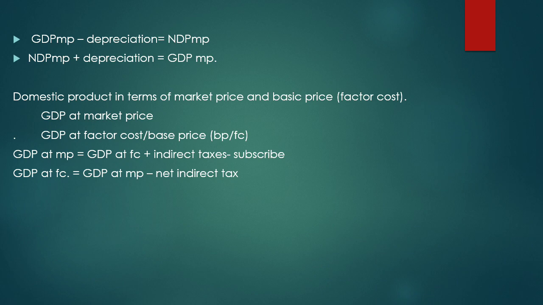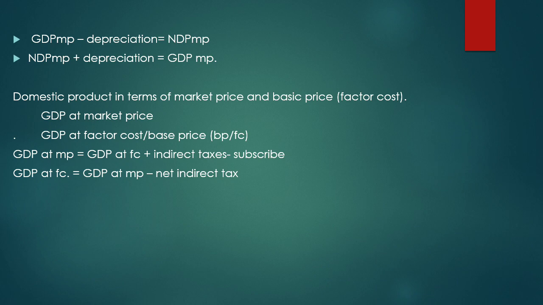I will make a separate lesson in my coming series on market price, factor cost and basic price. So GDP at market price minus depreciation gives us NDP at market price. Remember, there are three letters we have to understand: N, D and P. N shows net, D shows domestic and P shows product. We are not changing the product; we are just changing the other parts.